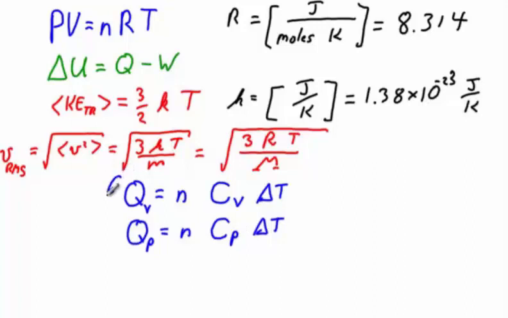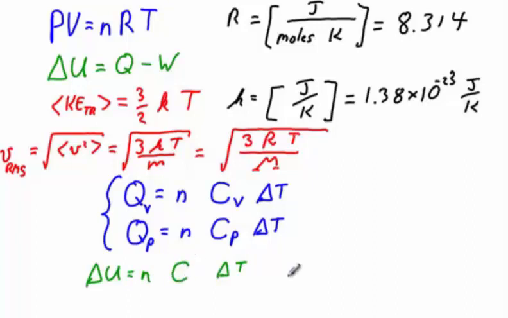These two relationships have been required to relate heat to the change in temperature because heat is not nature's proper indicator of the temperature. The proper indicator of the temperature in any system is the internal energy. And any change in internal energy can be related to a change in temperature via, number one, the proportionality constant of the number of moles, and number two, some constant.